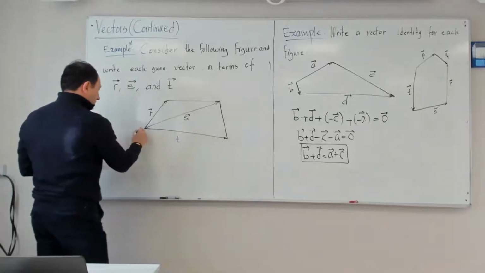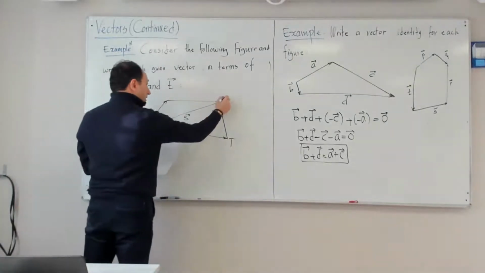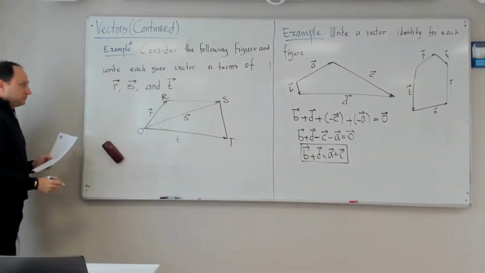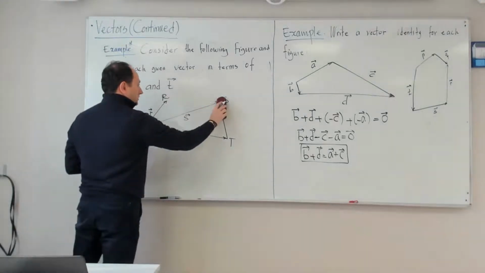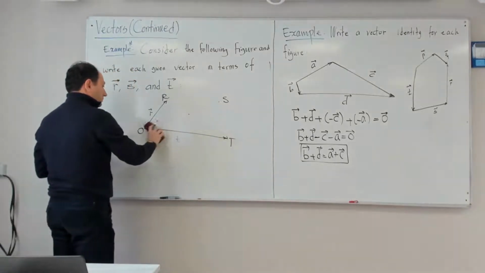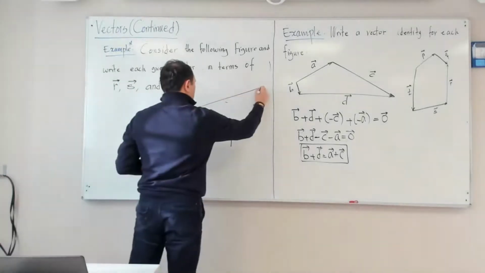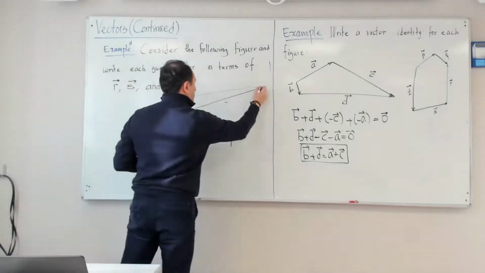And for that reason, I am also giving you these names, T, S, and R. I hope that you are not confusing this with a trapezoid. It might be a trapezoid, but there is no necessity for that. So let me make it a little bit bigger so that you are not confused that this is 100% a trapezoid.